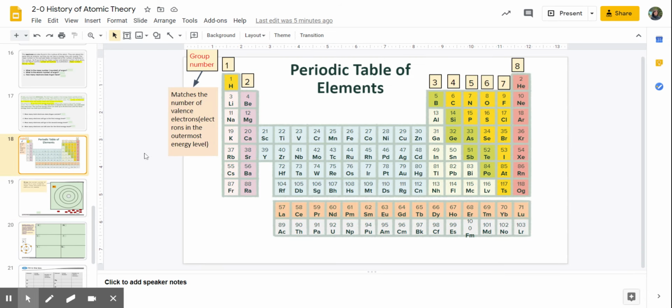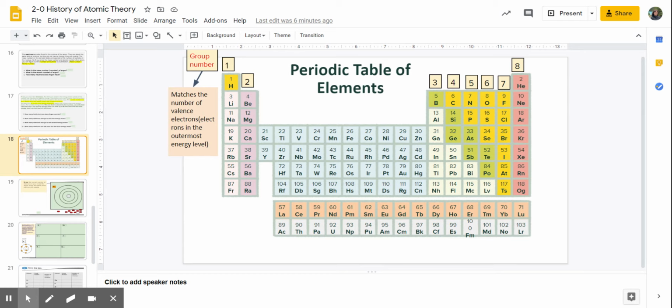Now, if you go to slide 18, it also talks about the group number. Excluding the middle portion of the periodic table, we can count the columns: column 1, column 2, and jump all the way over there, column 3, 4, 5, 6, 7, and 8. These column numbers represent the number of valence electrons, and the term valence electrons means the electrons in the outermost energy level.